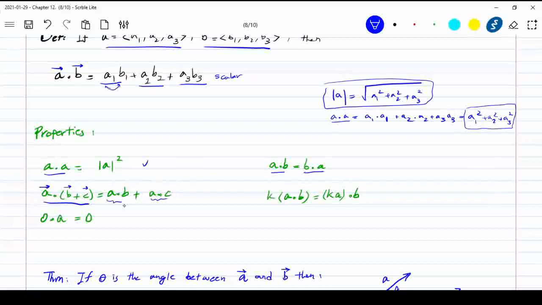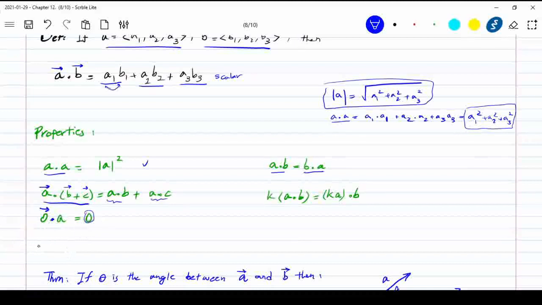These are scalars. If you have 0 dot a equals 0, notice this is a dot product, which means this 0 on the left is a vector. If a is a 3-dimensional vector, you would have 0 as (0, 0, 0). The difference is that on the right side, this is just a number. This is just 0. It's not a vector anymore.